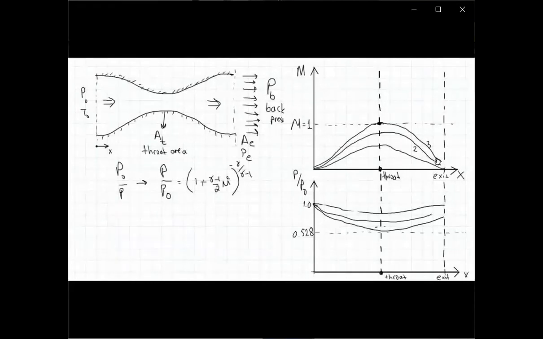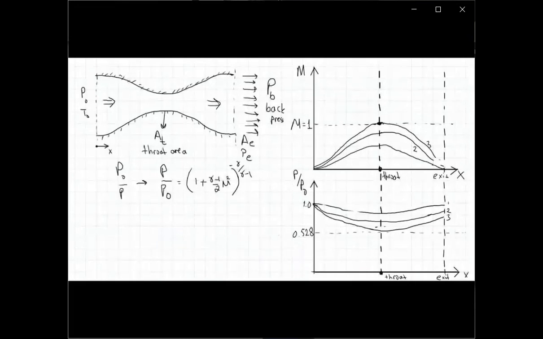Of course, the pressure in all scenarios, let's say 1, 2, and 3, will be lower and lower, and the Mach numbers will be higher and higher. Let's move this 1 to another place.